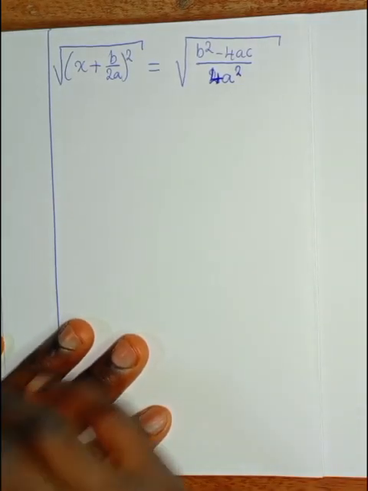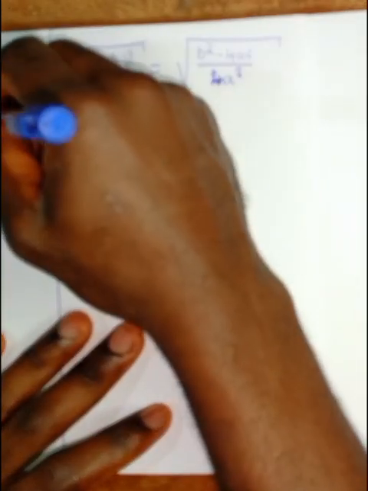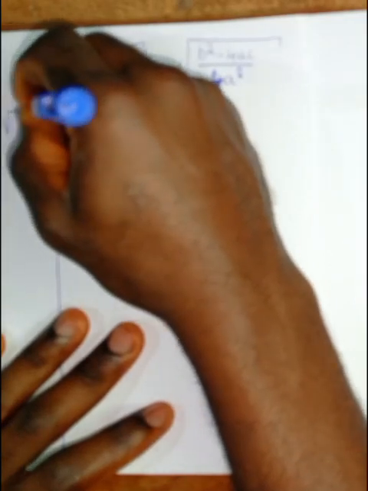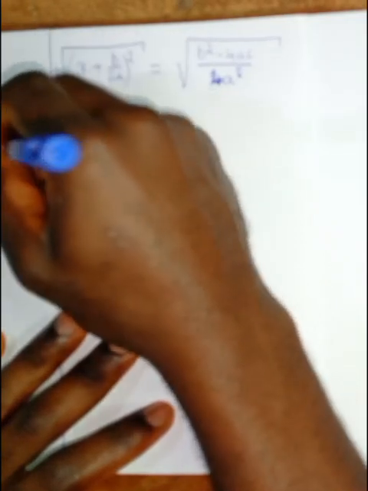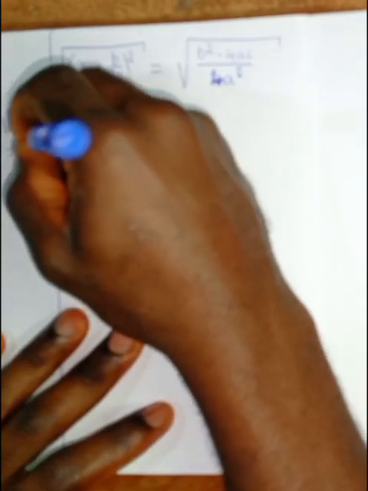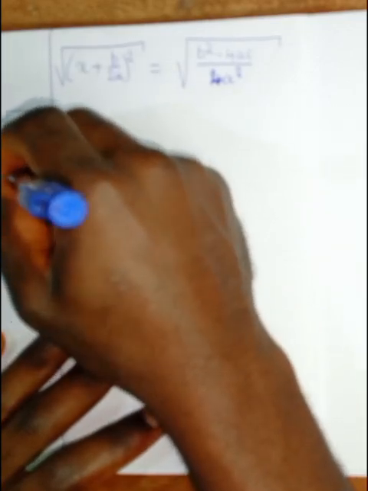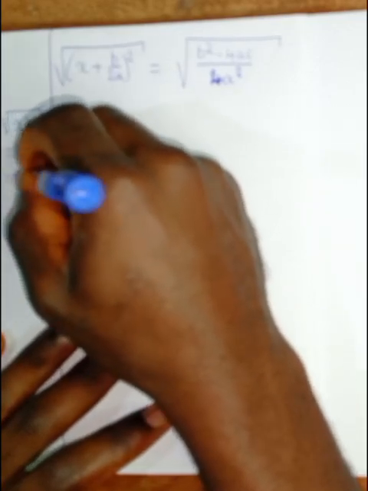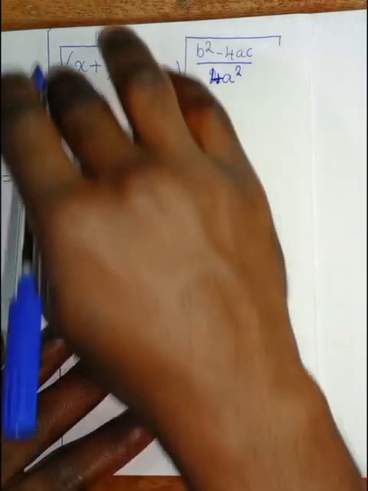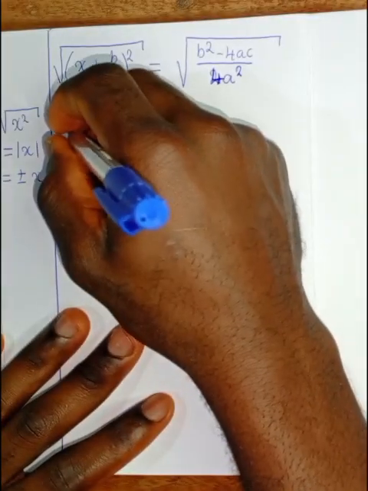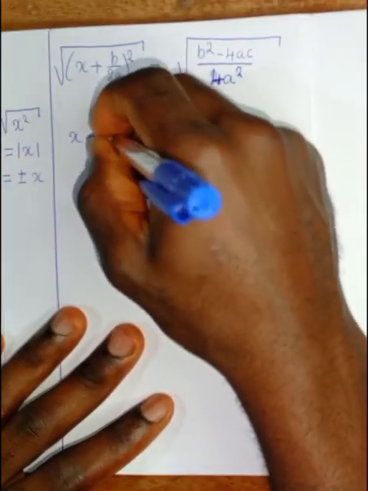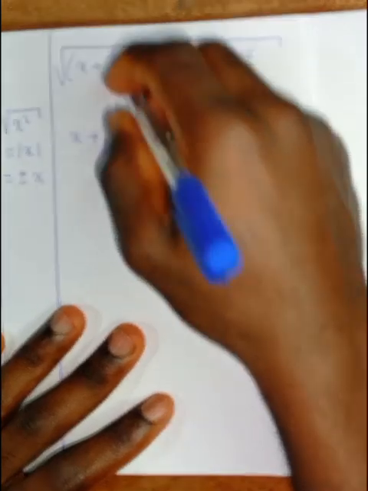Next, we know that if you take the square root of x squared, it is simply equal to the magnitude of x. And we know the magnitude of x is simply equal to plus or minus x. So here, this will simply give us x plus b on 2a.